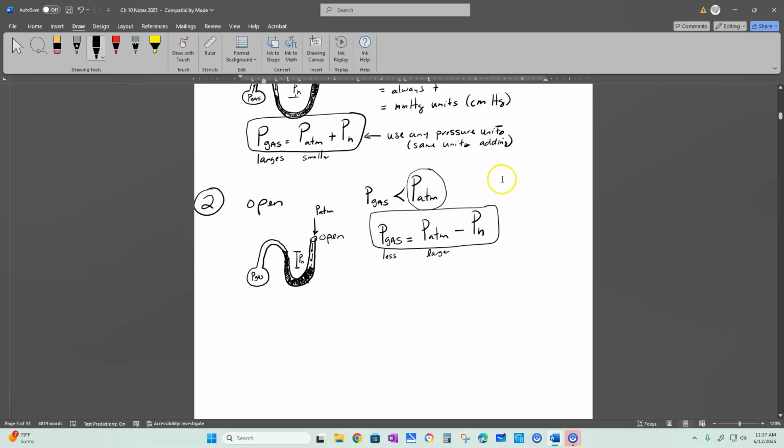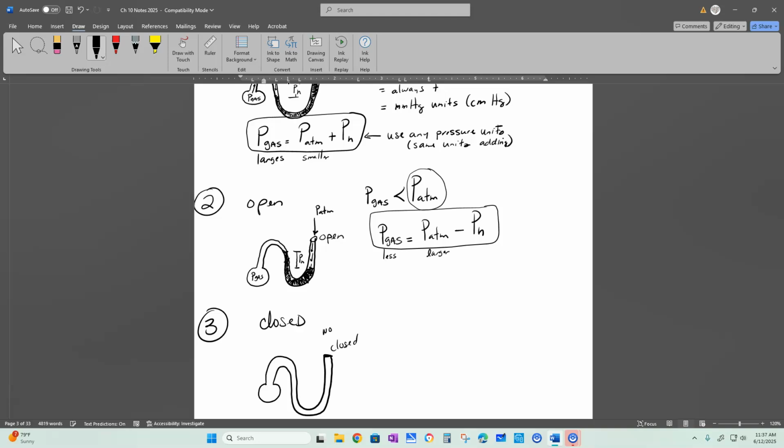Okay? So now the third scenario. We've mentioned that it's open. Well, what happens if it's closed? Okay? And it doesn't matter which picture you use, picture 1, picture 2, because basically it's like you're putting a stopper. You're covering it up. So that right there is now stopped up.